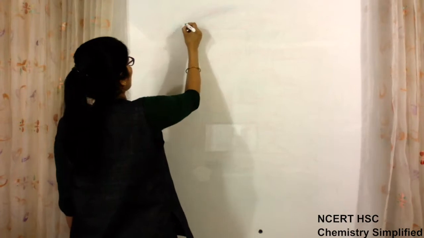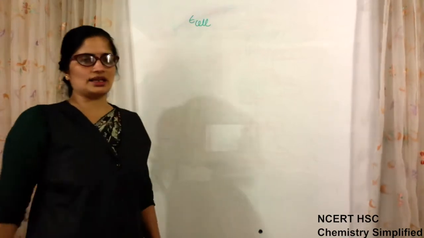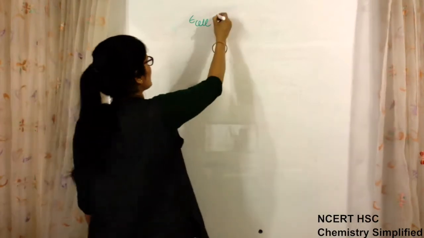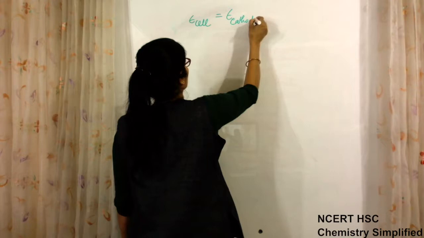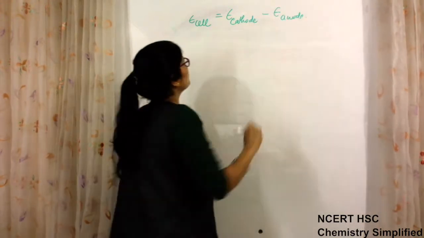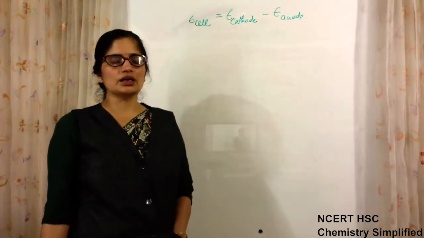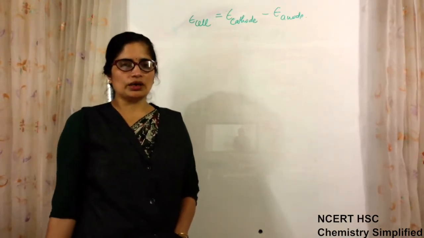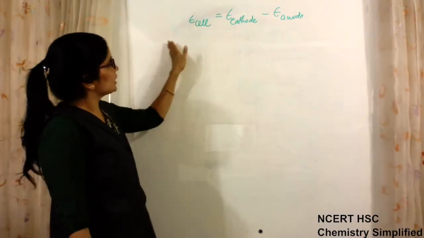So when we have to write E of the cell, EMF of the cell, E cell is given by E cathode minus E anode. And these are standard electrode potentials when the molarity of the solutions taken is 1 molar.